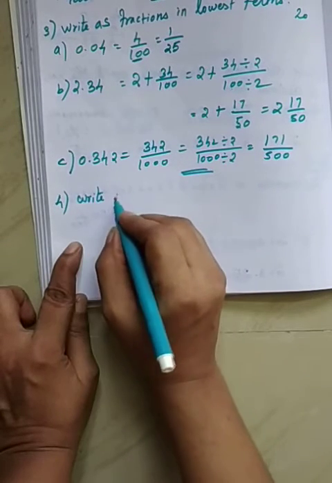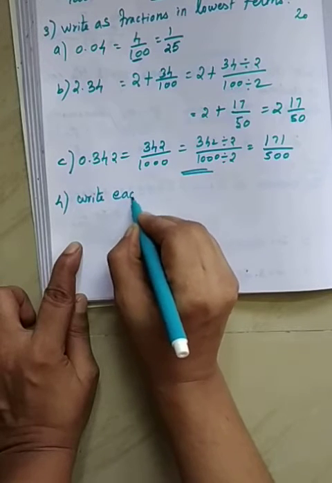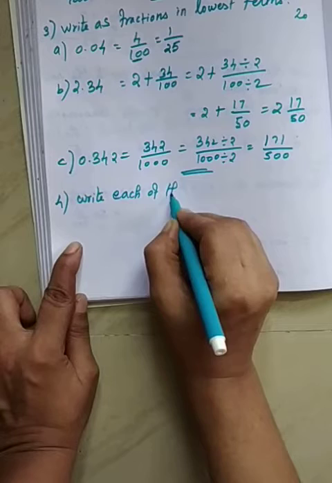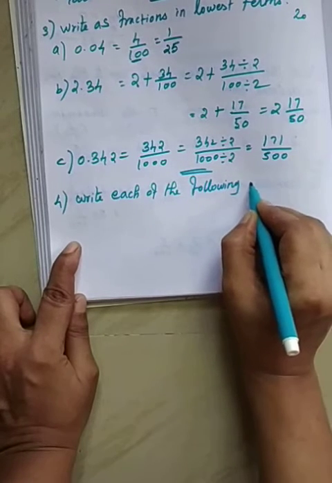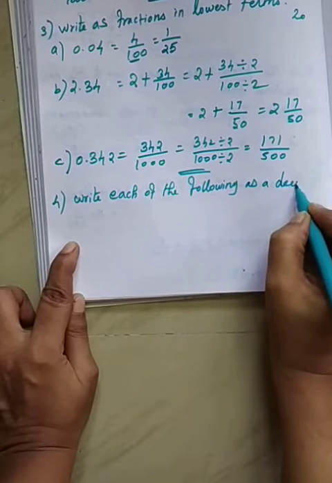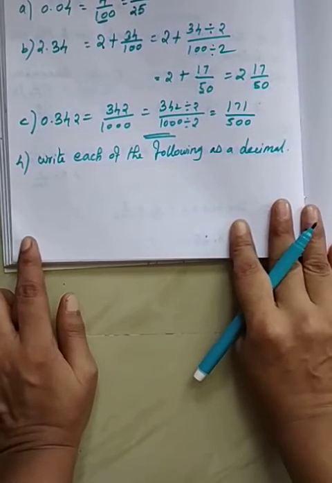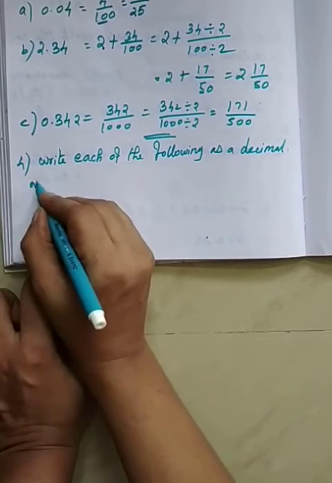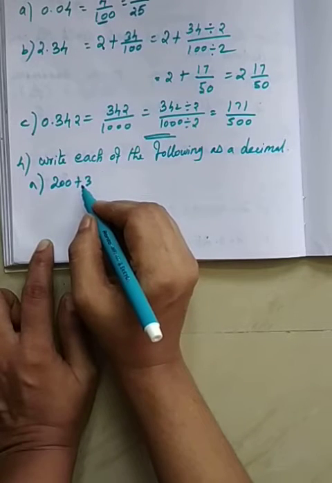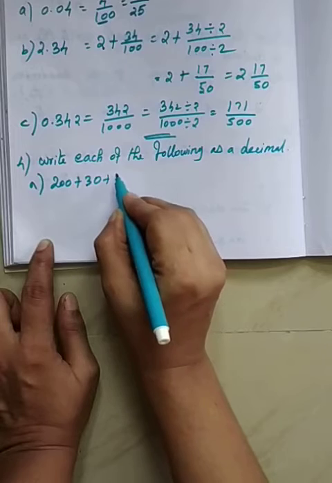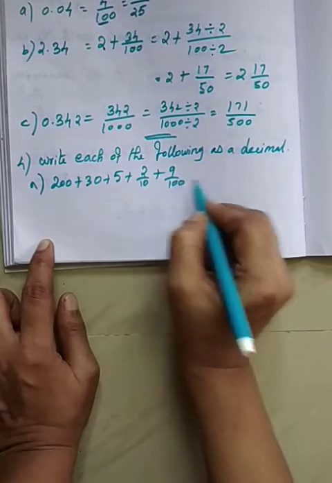Write each of the following as a decimal. See the first question: 200 plus 30 plus 5 plus 2 by 10 plus 9 by 100.